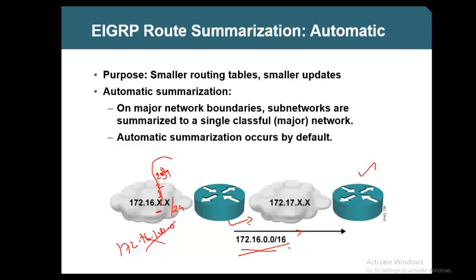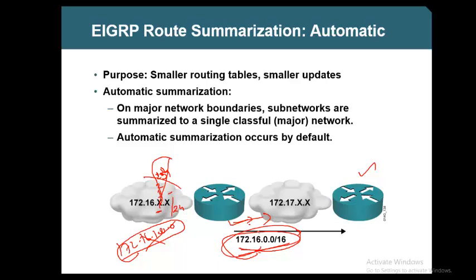Because this summarized route not only includes 172.16.100, it also includes 1, 2, 3, 4 till 254. Only when all these 254 go down, an update will be sent saying 172.16 is gone.